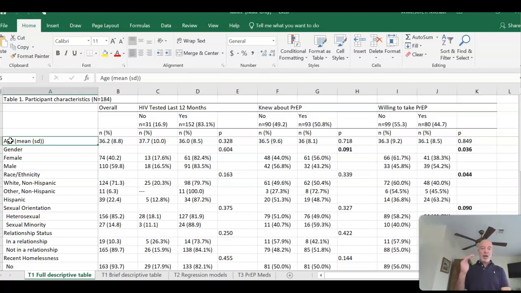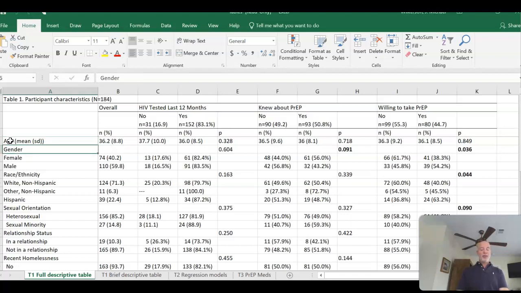So we could have done under 24 and 25 plus because there are interventions targeting young men who have sex with men, for example, under 24 years of age. So if you have that as a theoretical point and you're interested in comparing groups like that, you might make age categorical. But generally speaking, we treat age continuous with a mean and a standard deviation is what we report.